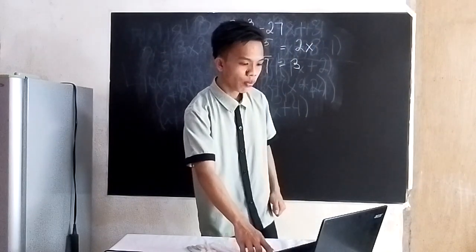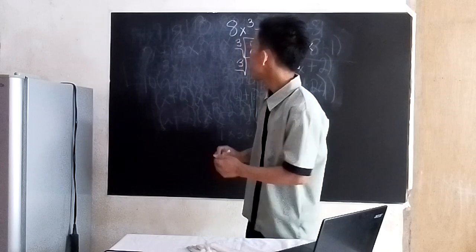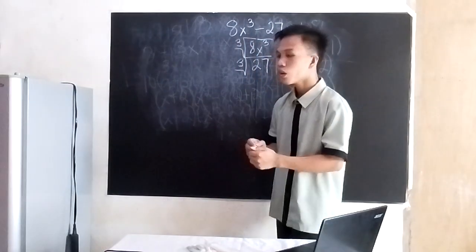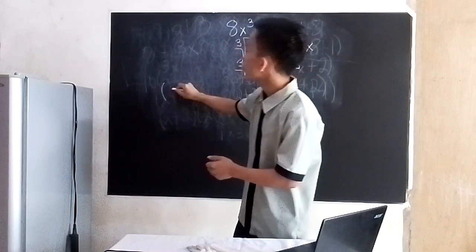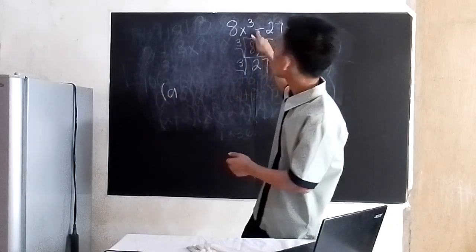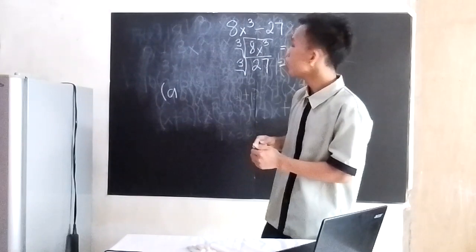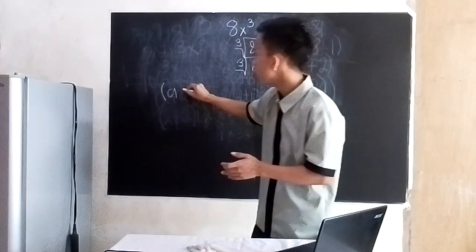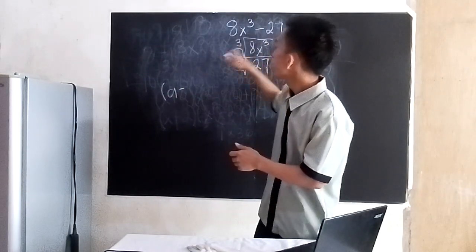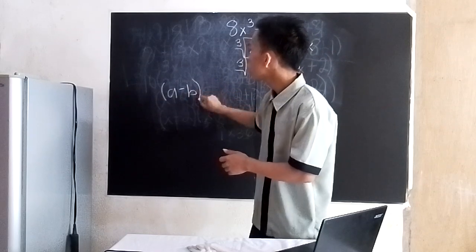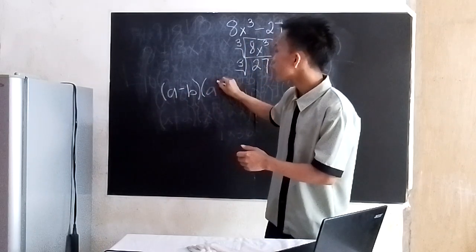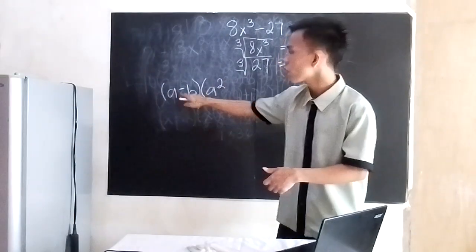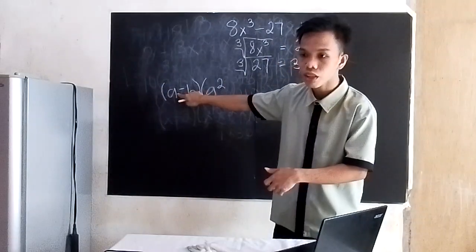So in here we also have a formula. Just like what I've said before, for the first parenthesis, we are just going to copy the sign. So what is our sign in here? That will be negative. So minus b multiplied by a squared. So opposite of negative. What is the opposite of negative?